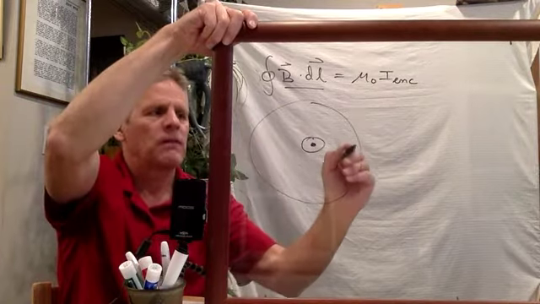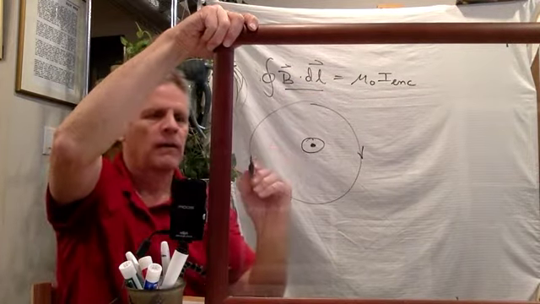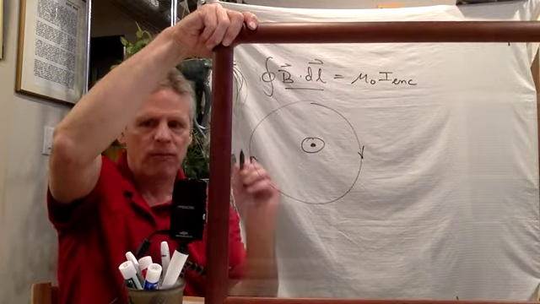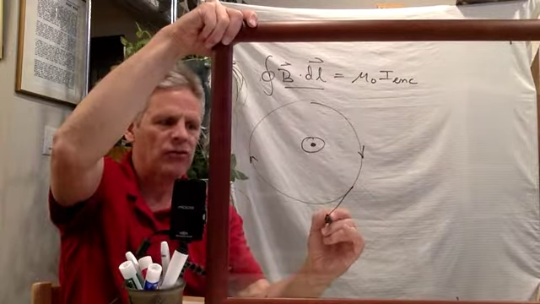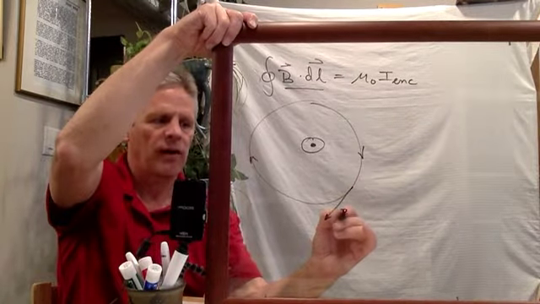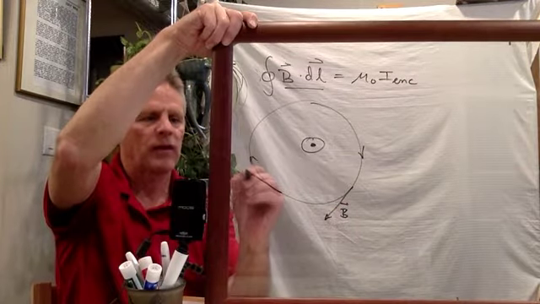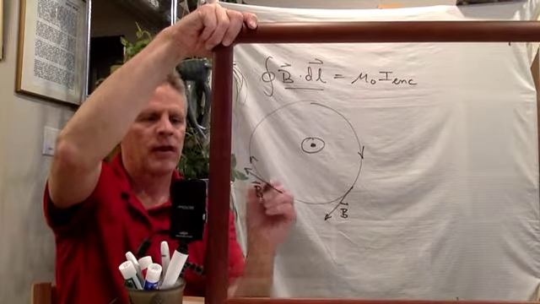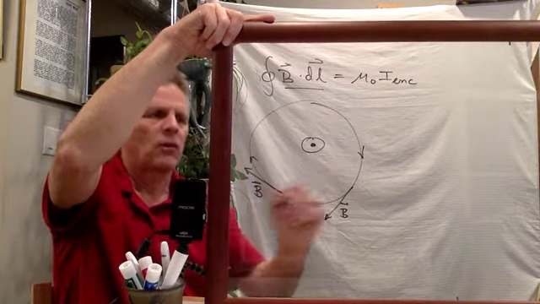Please remember, the field lines going in this direction does not mean the vector is curved. At any location, the magnetic field vector is tangent to this line. So here is what we expect our B to look like.